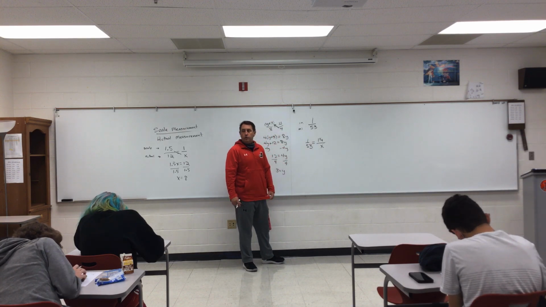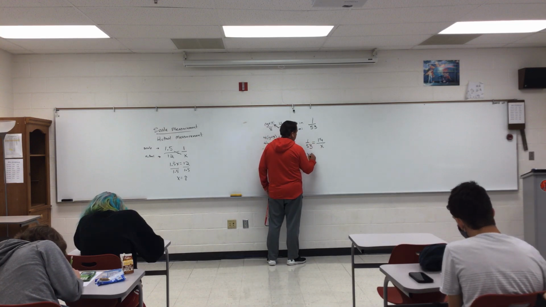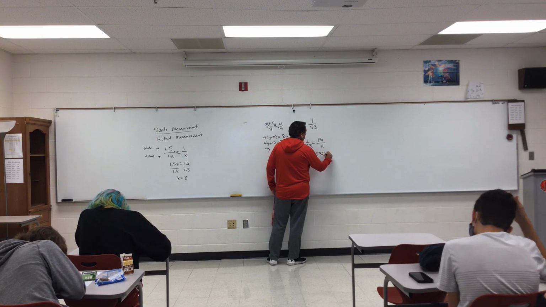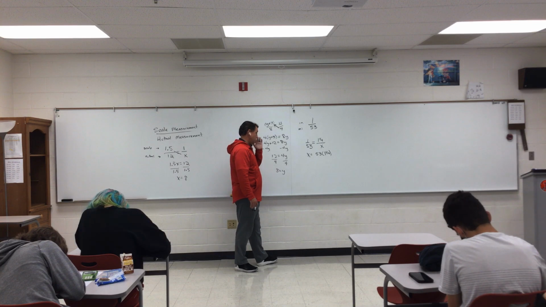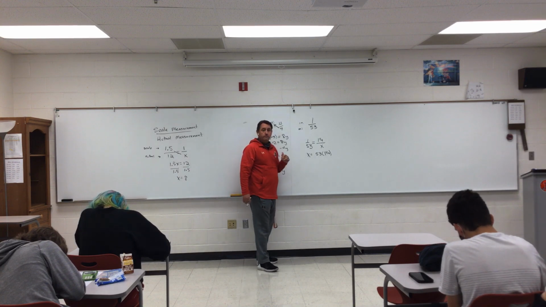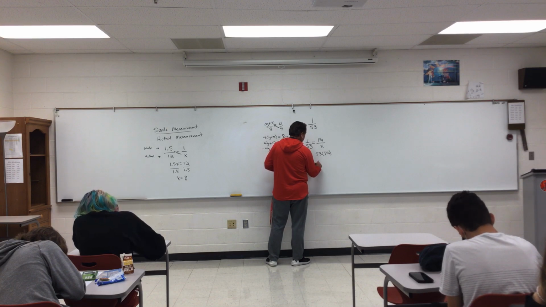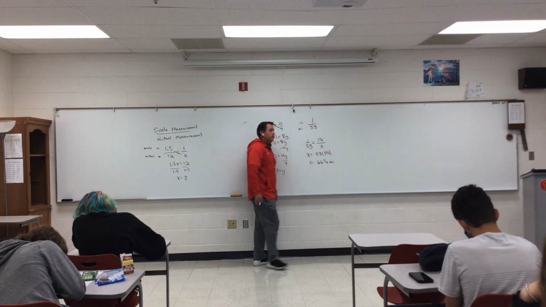So now I could still cross multiply. I could do X times 1, and 53 times 1 1/4. What's it end up being? 66 1/4, thank you. So it would be 66 1/4 miles, actually.